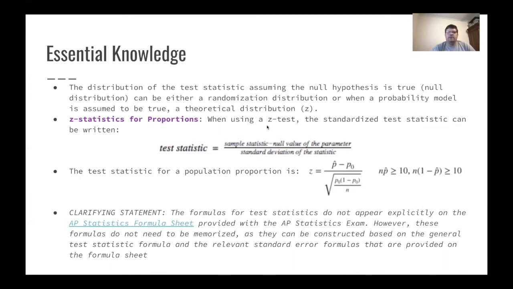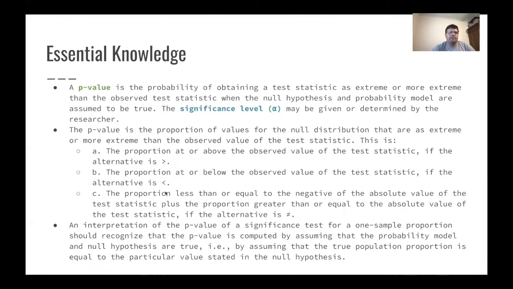Don't worry, we're actually going to end up using the calculator to do the testing. All these formulas don't necessarily need to be on the formula sheet, but you do need to know when to use what type of test. And the conditions are still there.